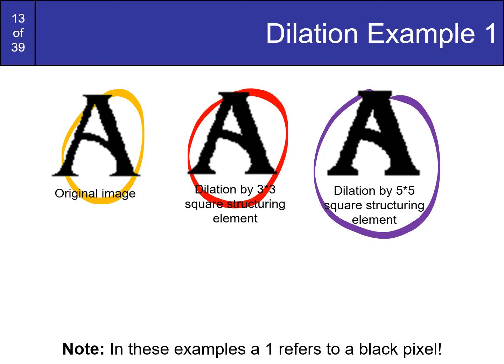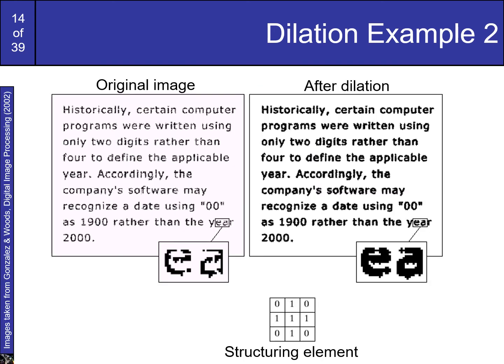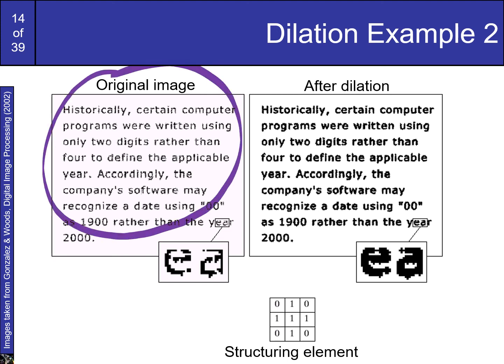Again, 1 refers to the black pixels. In another example, we have the original image, which is not very clear, and after dilation we have much clearer text. This is using the plus structuring element.